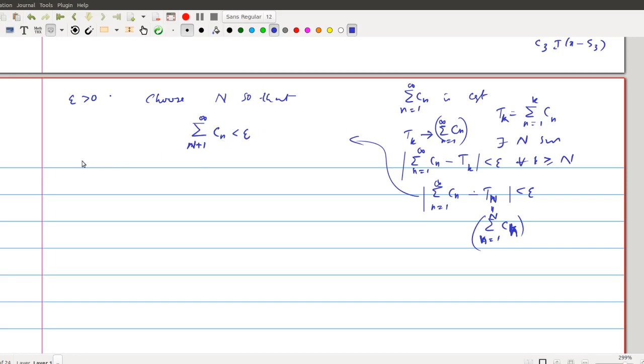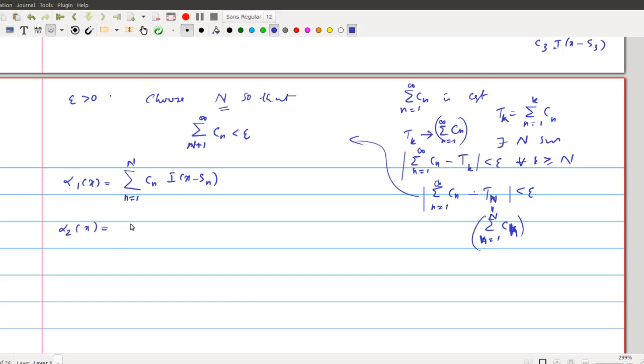Okay, now we put alpha 1 of x equal to summation. Once you identify this N, you define alpha 1 as summation n equal to 1 to capital N Cn I of x minus Sn, and you define alpha 2 of x.